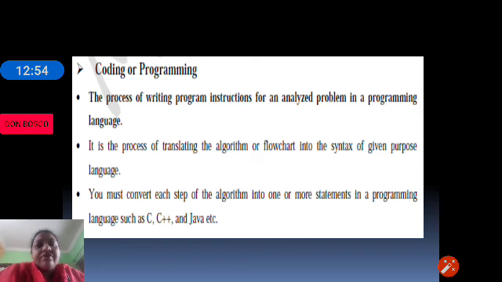So let me just recall the problem solving methods we have studied. The first problem solving method is problem definition. Problem definition is understanding what exactly the problem is. Then the next is analysis. Problem analysis means once we have understood the problem, the next step is we think about how we can solve the given problem.